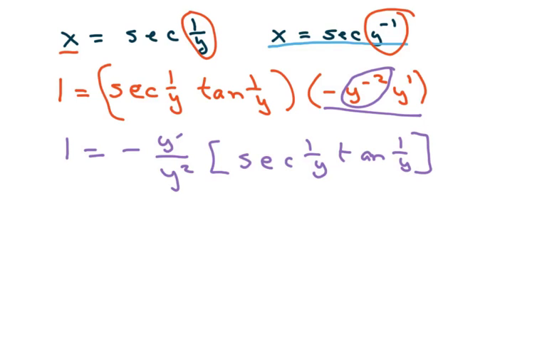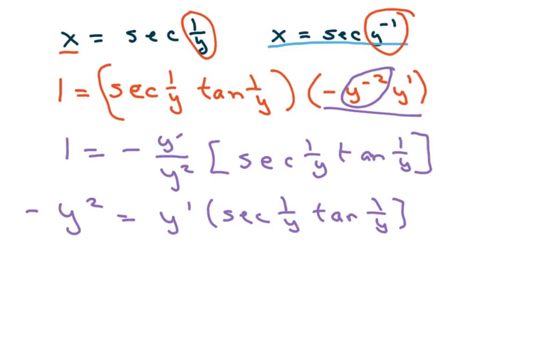And then I need my y prime, so I'm going to cross multiply here, so we get y squared equals, and I can put the negative here because I want my y prime to be positive, so I'm crossing up, so that's going to be y prime times secant of 1 over y times tan of 1 over y, and that's just cross multiplying these two.